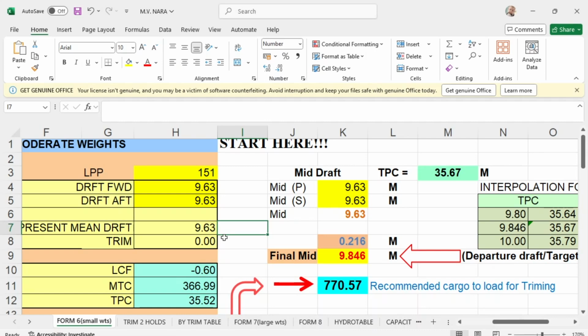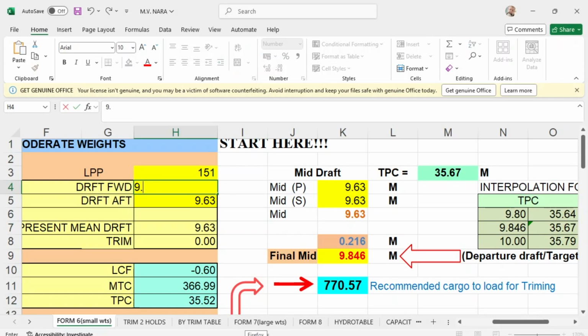The chief officer and the draft surveyor are making a draft survey around the vessel. And take note, they both agreed, for example, that forward draft will be 9.63. Okay, put here 9.63, and aft draft will be 9.63.